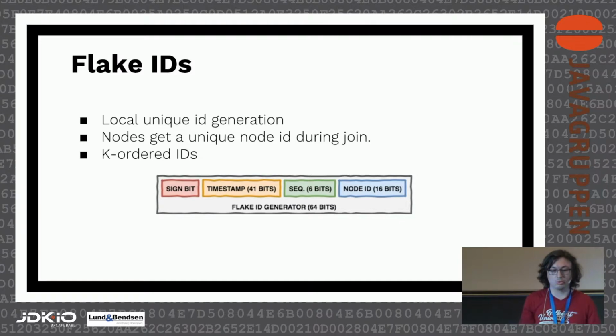We have a feature called ID generator to generate cluster-wide 64-bit unique IDs. So this feature basically works like this. When you want to generate a unique ID, you first fetch an ID block from a primary replica.